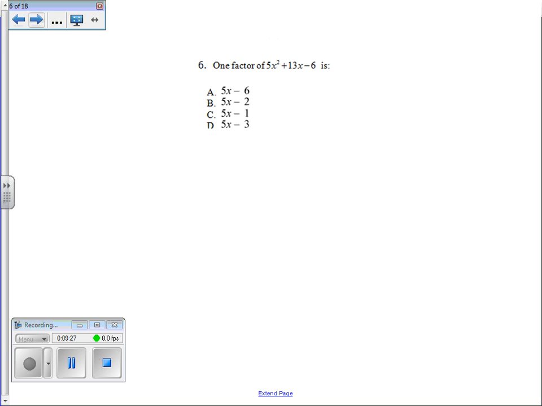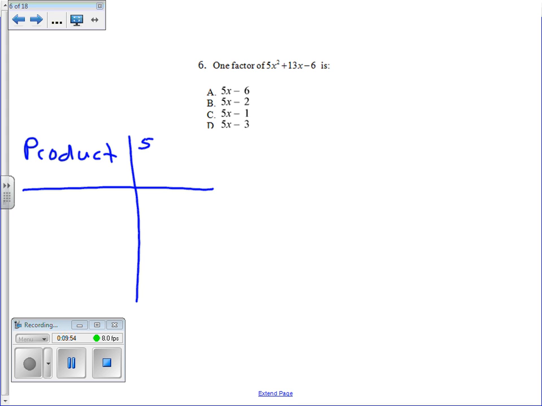6. Factor 5x squared plus 13x minus 6. For this, I'm going to do a combination of methods. I'm going to do the product sum method with grouping. So first thing I'm going to do is multiply 5 times negative 6. So the product that I want is going to be 5 times negative 6, which is negative 30.